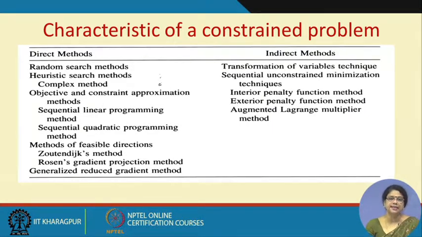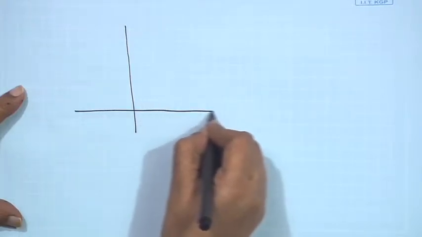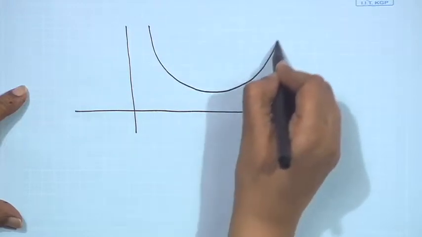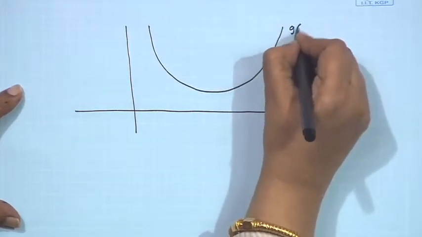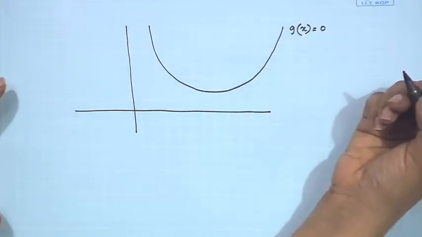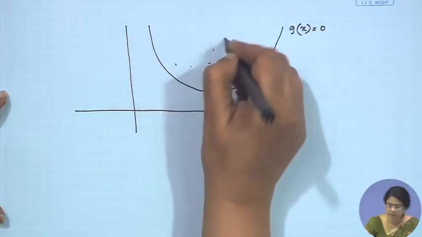Let me consider a nonlinear programming problem of a single variable. Let me explain the geometry of the methodology first. Say this is the function given to us, g(x) equal to 0, and we have g(x) less than 0. That is the feasible space for us.